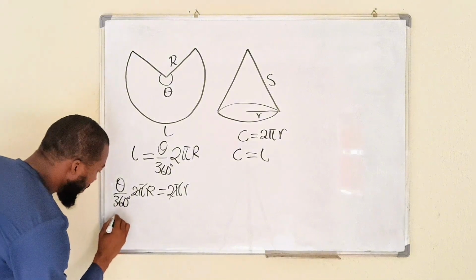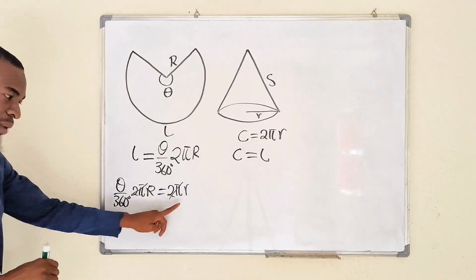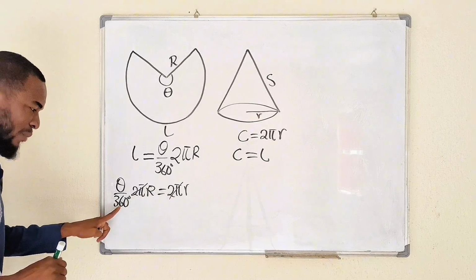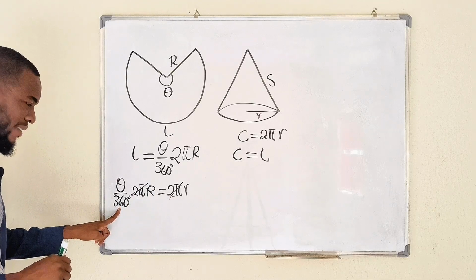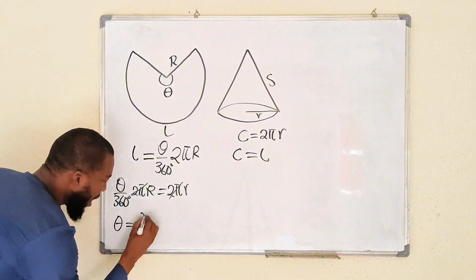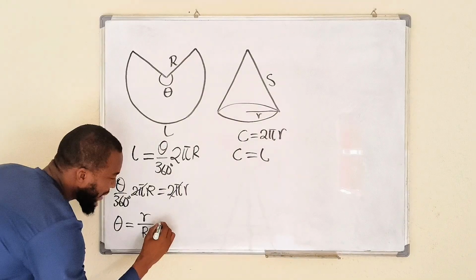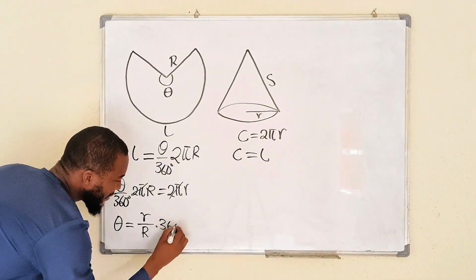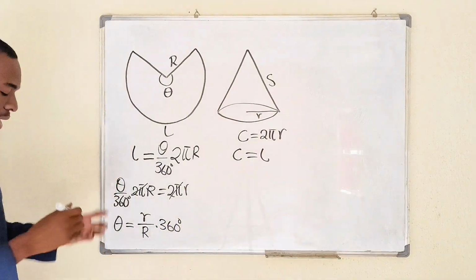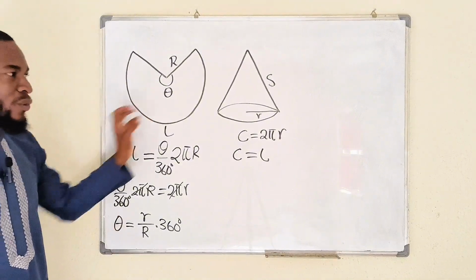We can divide both sides by R and multiply both sides by 360 degrees. Therefore, theta is equal to small r divided by capital R multiplied by 360 degrees.